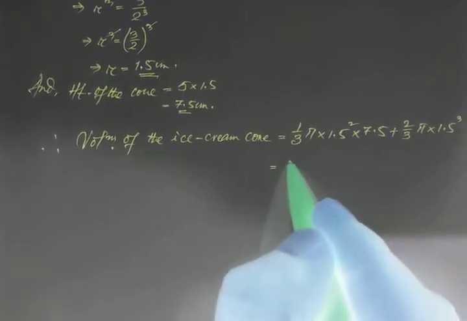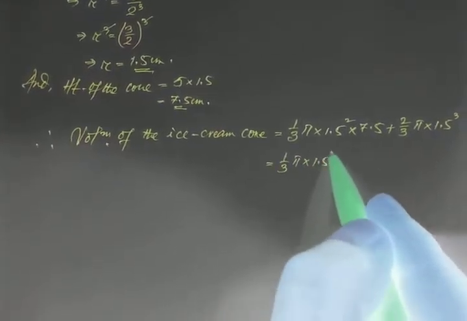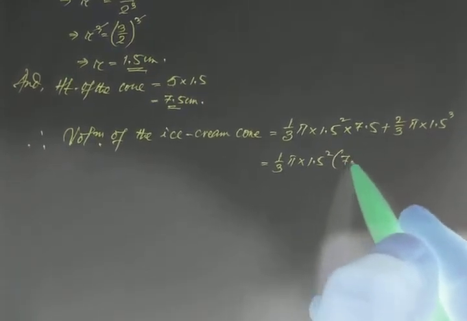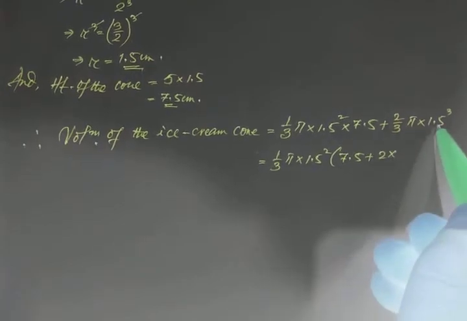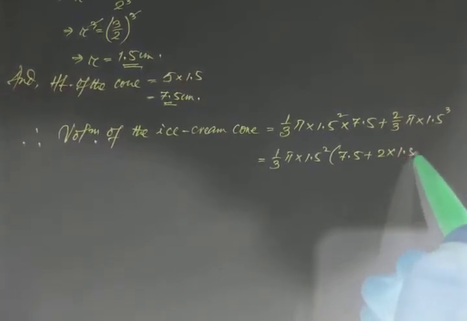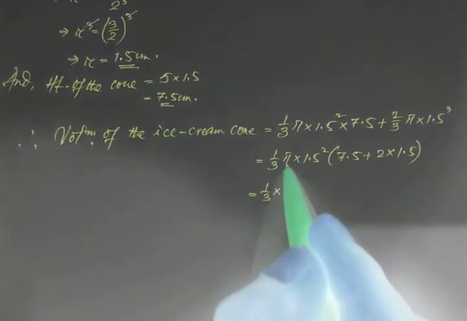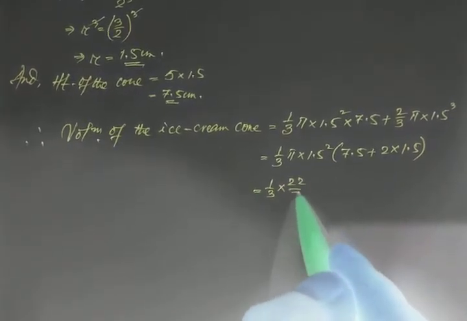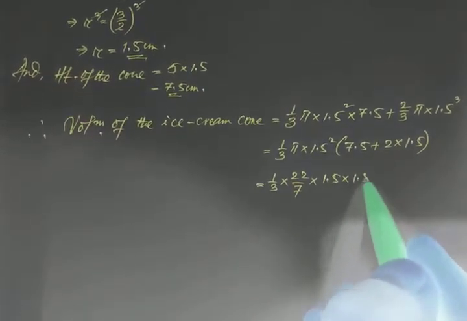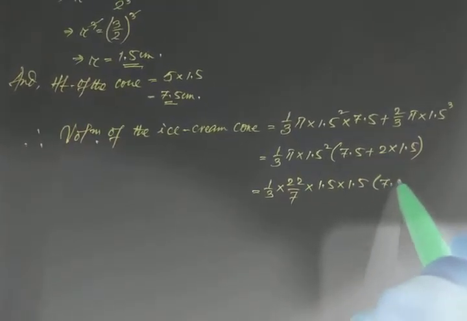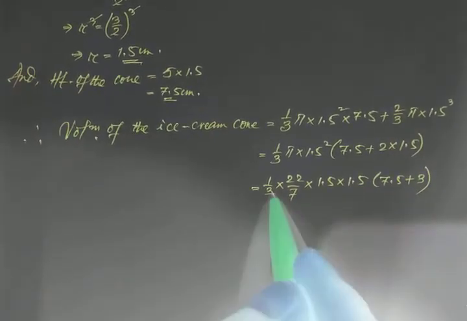Let's take common here, 1 by 3 pi 1.5 square. So we have 7.5 plus 2 is still there, and one of this 1.5 remains. 1 by 3, putting the value of pi 22 by 7, 1.5 into 1.5, 7.5 plus 2 into 1.5 gives 3.